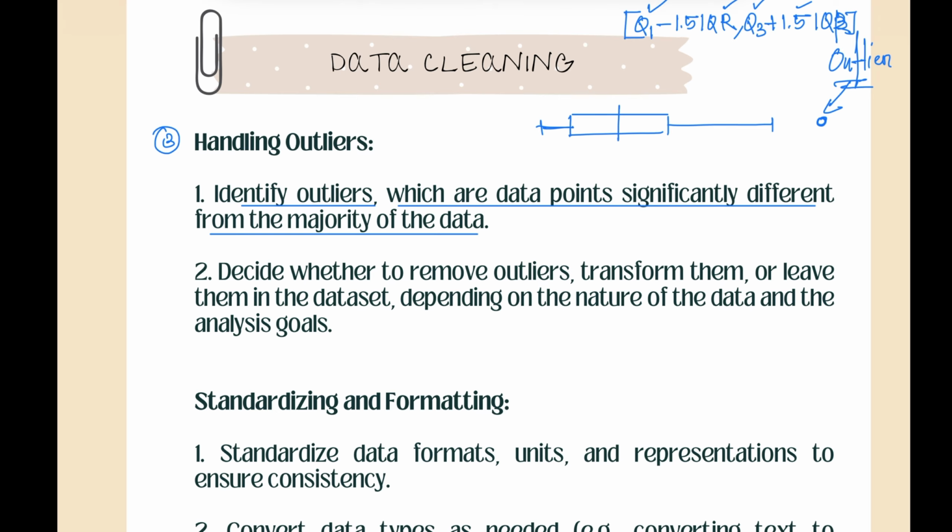Handling outliers means identifying the outliers in the dataset that are significantly different from the majority of the data. Decide whether to remove the outliers, transform them, or leave them in the dataset, depending on the nature of the data. You can do three things: remove them, transform them, or leave them in the dataset.